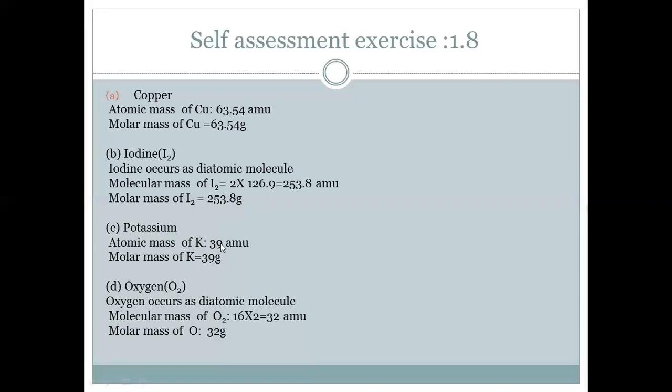So atomic mass of potassium from the periodic table is 39 AMU, and if we represent it in gram, 39 grams. Oxygen exists in diatomic form O2, so we will write 16 into 2 equal to 32 AMU, and molar mass of oxygen is 32 grams. Okay, so this is molar mass in grams.